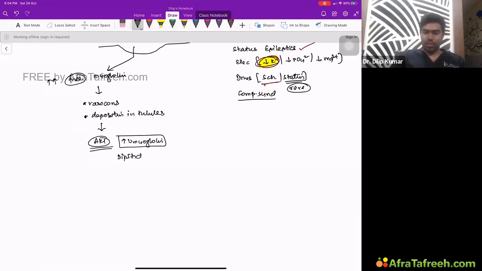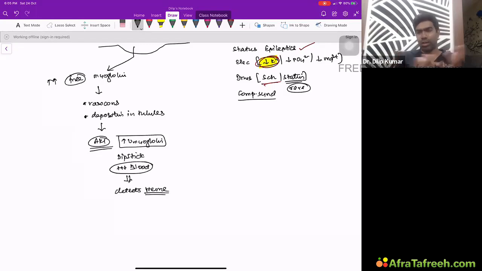It will be strongly positive for blood because dipstick detects heme, and it cannot differentiate between hemoglobin and myoglobin. Both have heme groups. So the dipstick will tell there is a strong positivity for blood.